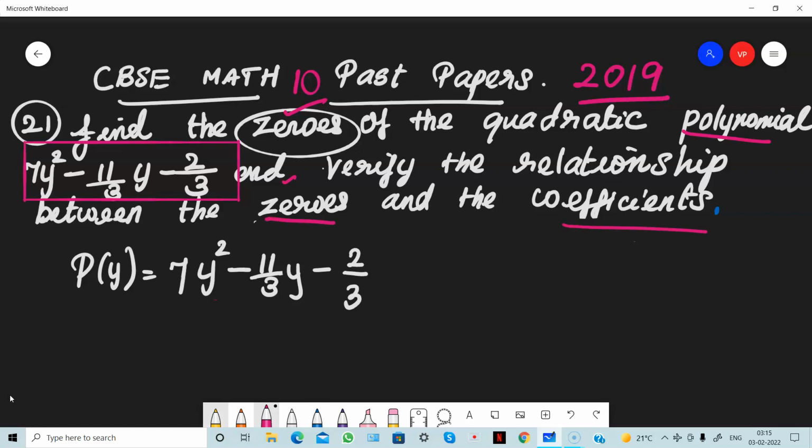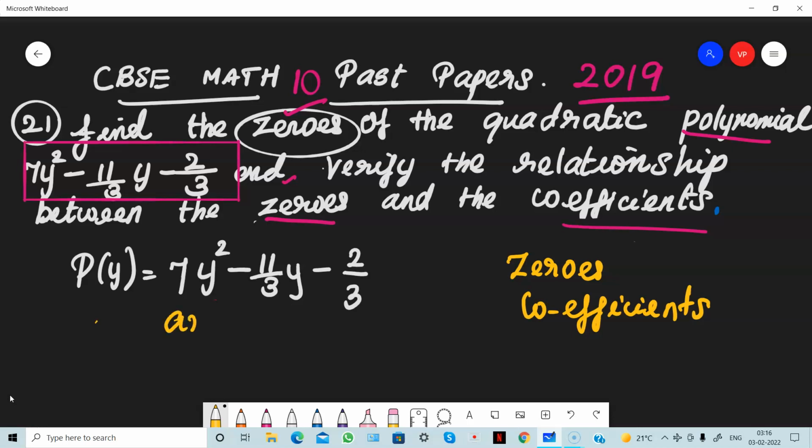Okay students? So first of all, I want to know what are zeros and coefficients. What do you mean by coefficients? I know you very well about the general term, right? What is the general term of a quadratic equation? ax square plus bx plus c equal to 0. So what are our coefficients? a, b and c, right?